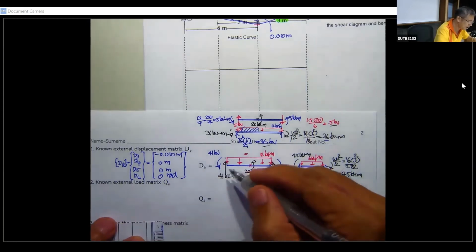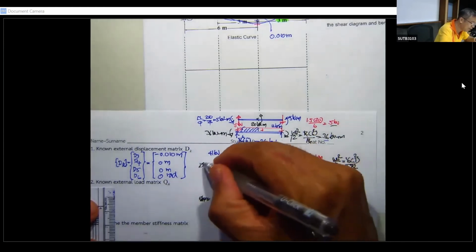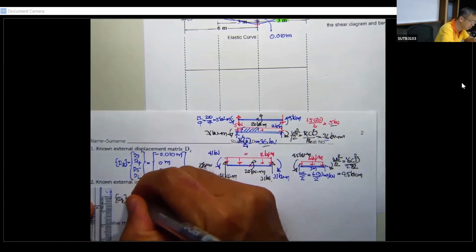So if you're coding it, it's going to be easier to compute. Let me check this one out, and I will move this Q sub K into this.